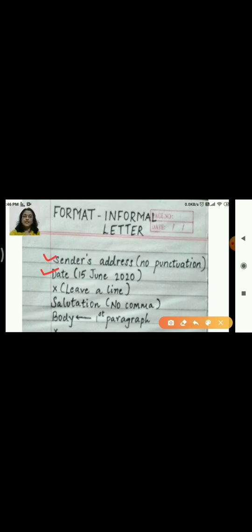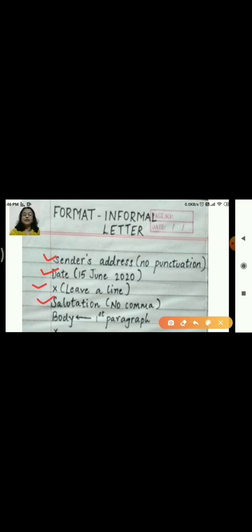You remember, isn't it? Then after writing the date, what do you have to do? Here you can see the cross. What does it mean? You have to leave a line, isn't it? So you have to leave a line there. After that, we write the salutation.